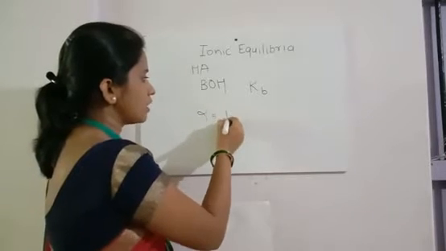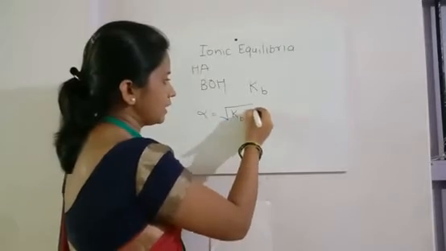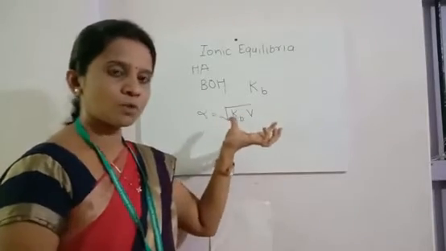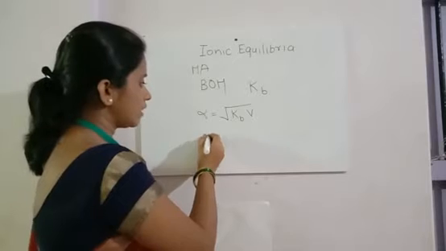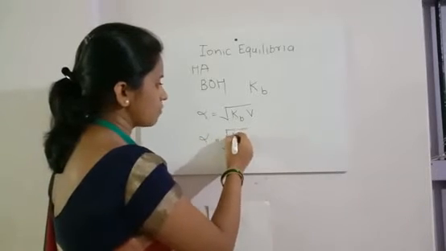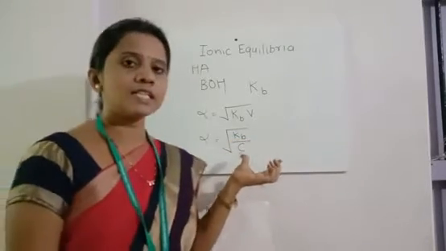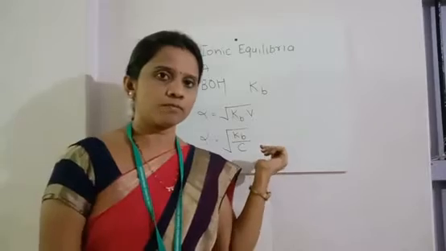alpha is equal to square root of Kb into V in terms of volume, and alpha is equal to square root of Kb divided by C, that is in terms of concentration.